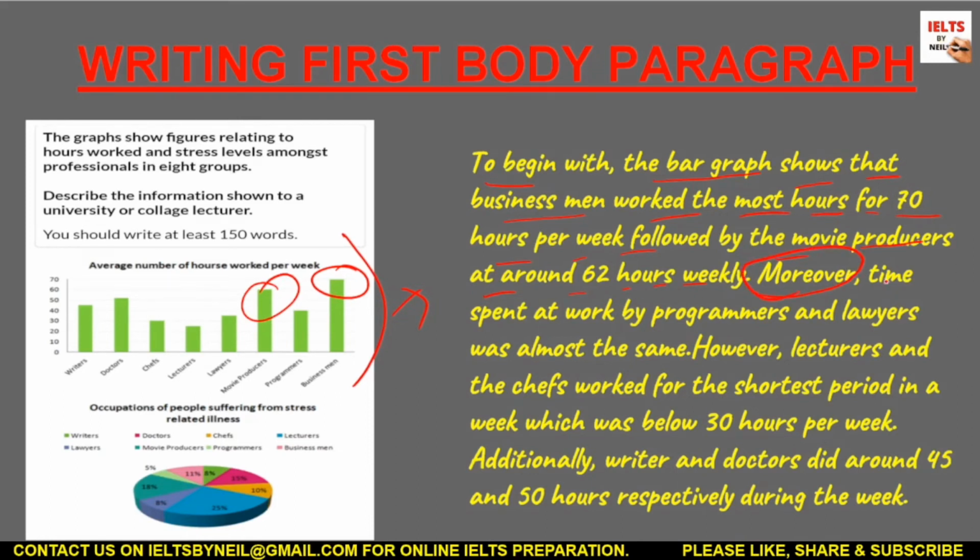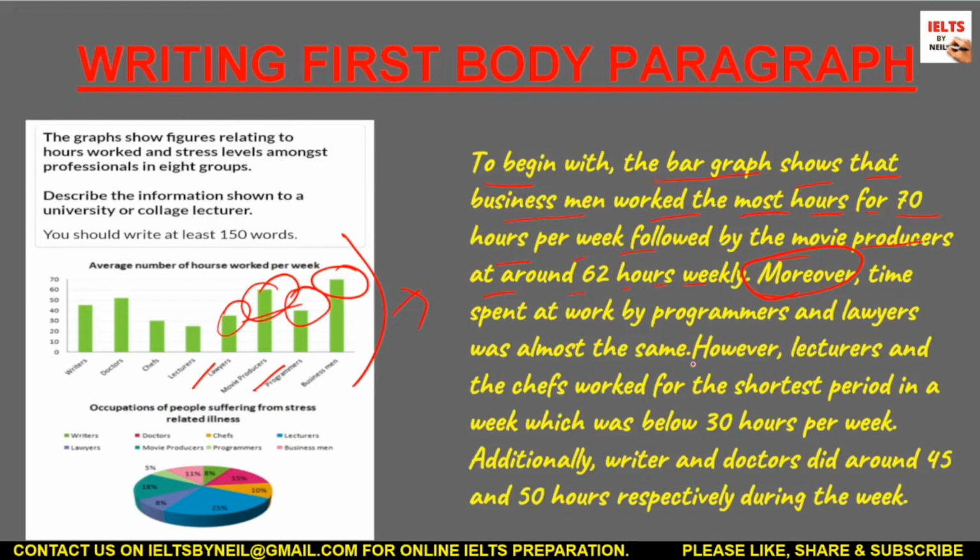See, time spent at work by programmers and lawyers was almost the same. Now programmers and lawyers. So if you have a look at this one with this one, this is almost the same, right? So we can say almost the same. May not be exactly the same, but almost the same. So it works out, right?